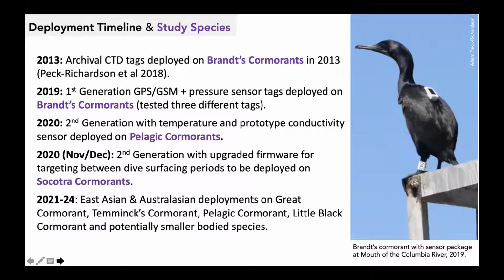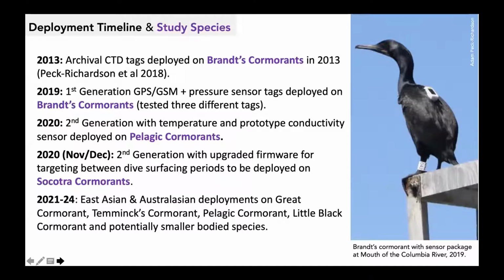Initially we used archival tags deployed on Brandt's cormorants in 2013 at the mouth of the Columbia River. Most recently we've been working with pelagic cormorants, and we're planning on working with Socotra cormorants in the next couple of weeks. Finally, our goal is to deploy these tags on a number of different species, and hopefully some smaller bodied species.